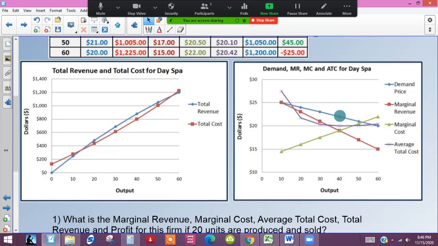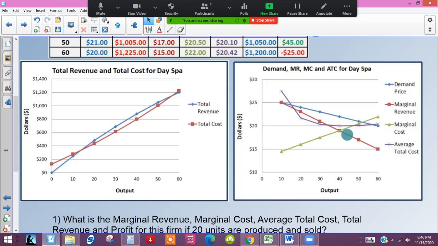So what would happen in the long run is as firms came into the market and pulled customers away from this firm, their demand curve would shift to the left until a point, and the marginal revenue would shift.